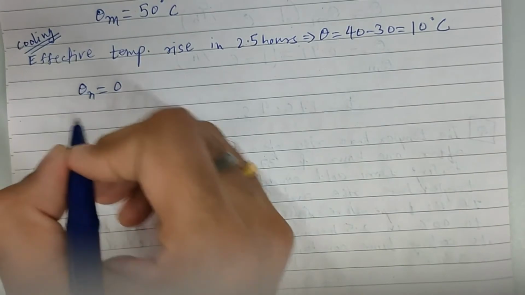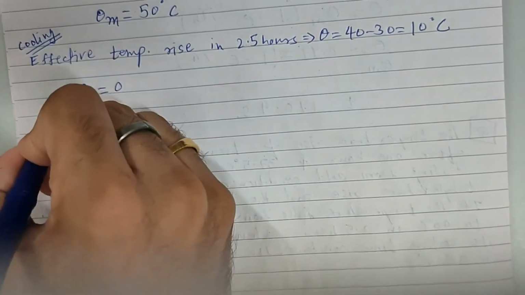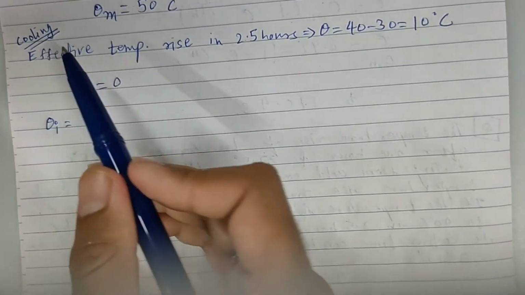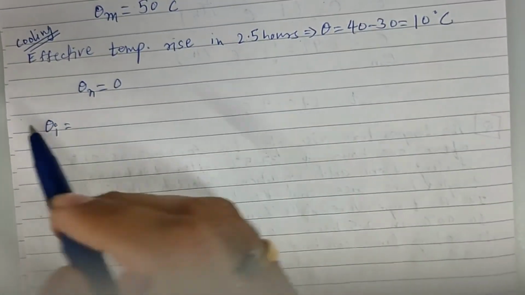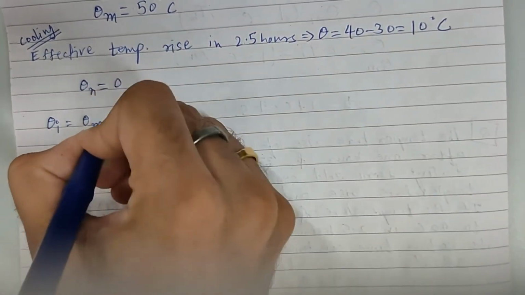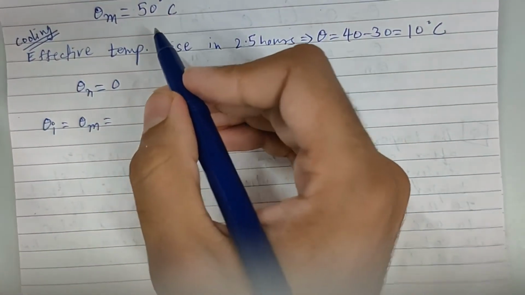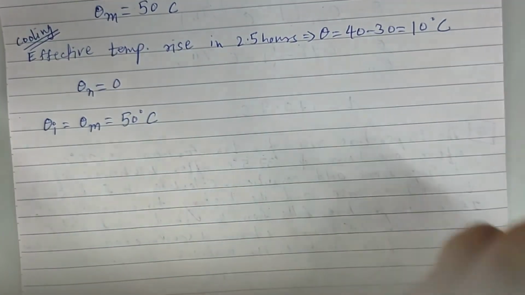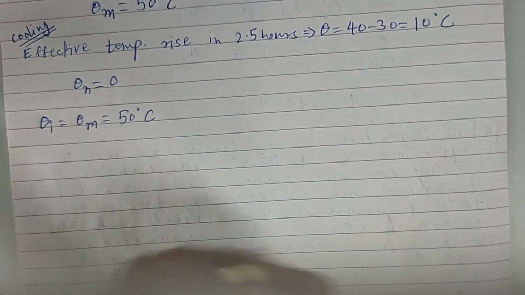Now again talking about the initial temperature rise, which is theta I: when we are talking about the cooling process, your initial temperature rise would be equal to theta m, which was raised during the heating of the transformer, when it was being operated and the temperature was increasing.